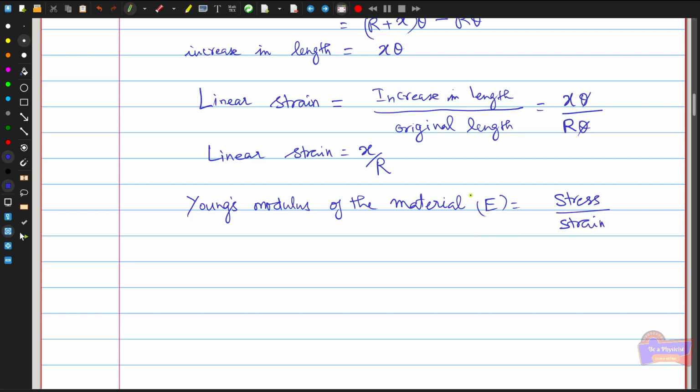I already know the value of strain, so I can easily find the stress, the forcing stress, which is equal to E times strain. Directly substituting the linear strain here, I get E x divided by r. That is the stress.